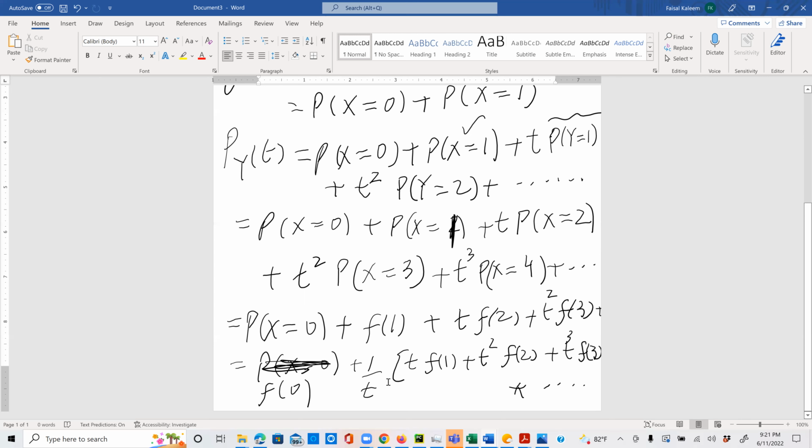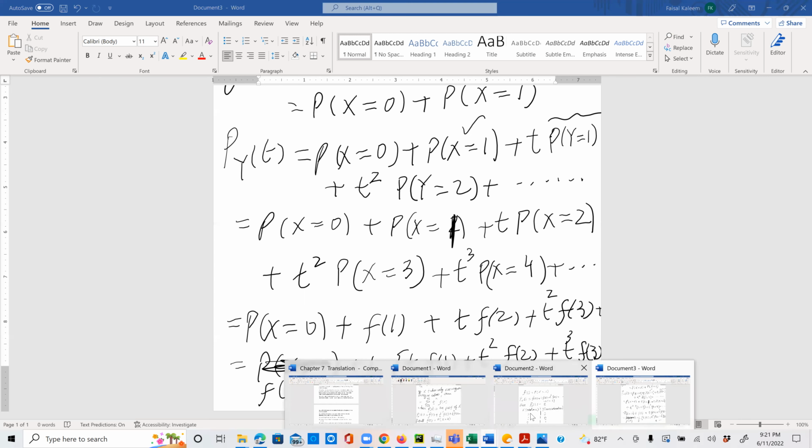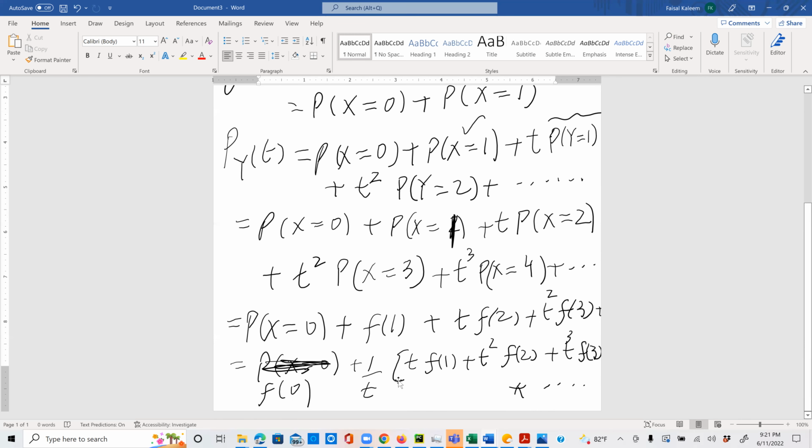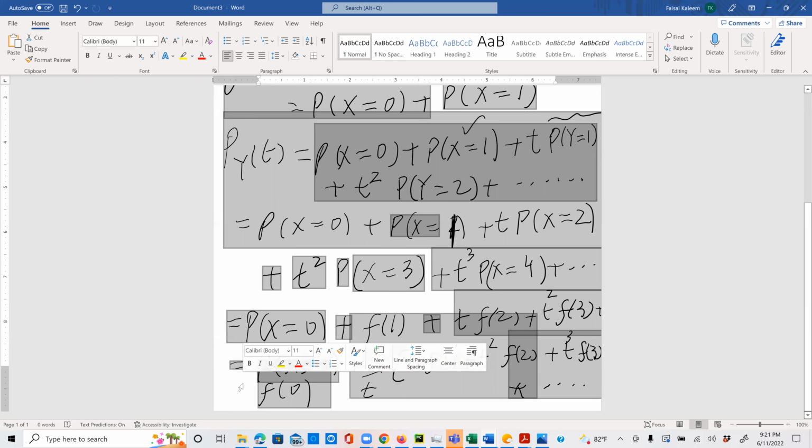That's why I kept it out of this 1 over t business. Because if we look back again, see f of 0 is by itself. We have a tf1, t square f2, and that's what we are getting here. So again, we'll have to open another one. So let's just remember this is f of 0 plus 1 over t, and then we have the correct terms.